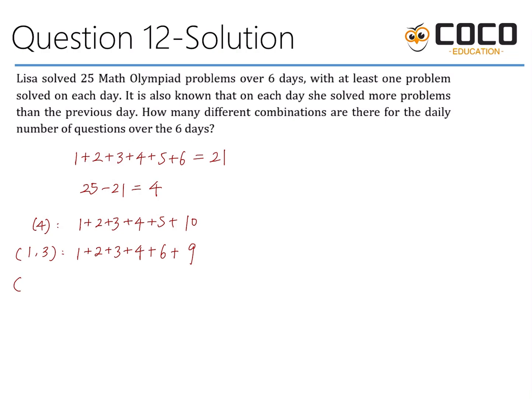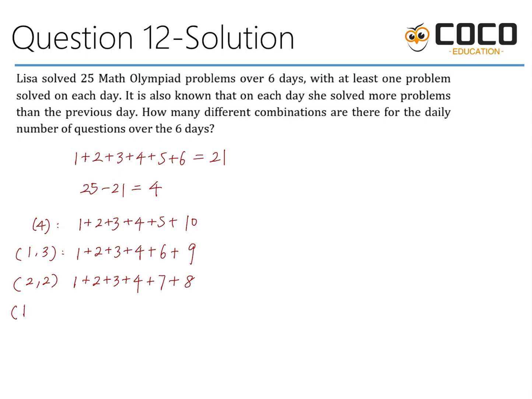So another way is you split this into 2, 2. So the last 2 days, each of them plus 2. It's 1 plus 2 plus 3 plus 4 plus, so 5 plus 2 is 7, 6 plus 2 is 8. Or else we can split this into 3 numbers.